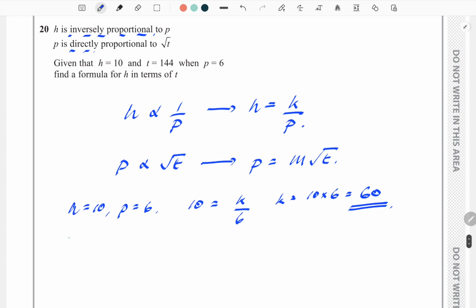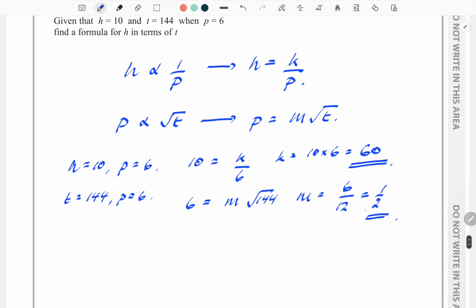And then when p equals 6 again, we've got the same detail, t equals 144, p equals 6 again. So for this one, 6 equals m, and the square root of 144. Square root of 144 is 12, so m equals 6 divided by 12 equals half, all right?